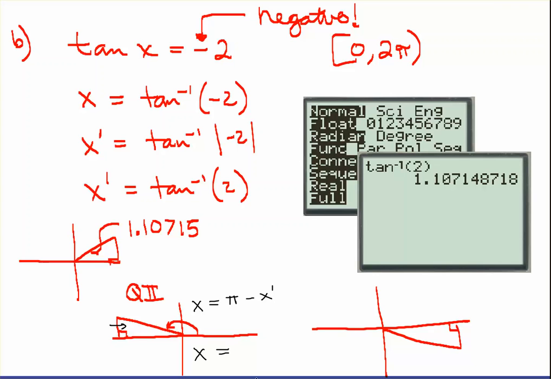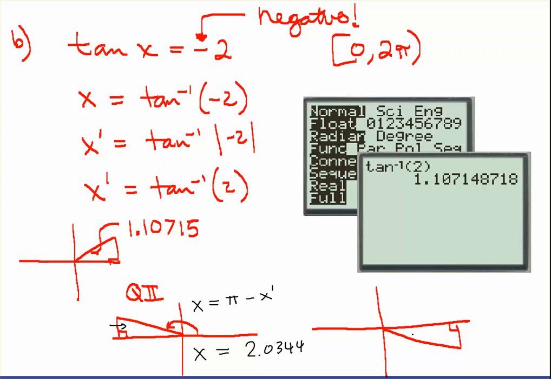Probably do it on a calculator. I'll go with the answer 2.0344 if we did it correctly. Is that right? Yeah. So that's pi subtract that.